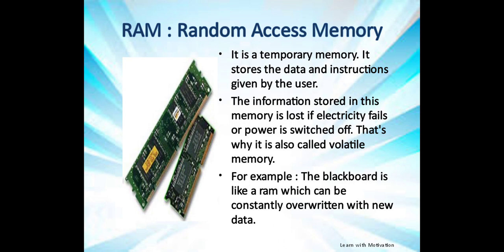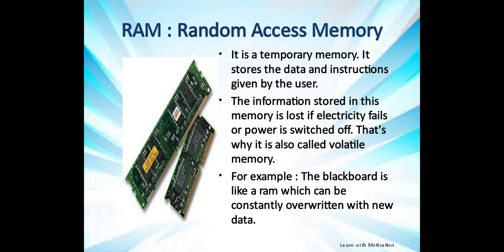RAM full form is Random Access Memory. It is temporary memory. It stores the data and instructions given by the user. The information stored in this memory is lost when electricity fails, or the power or computer is switched off. That is why it is called volatile memory.